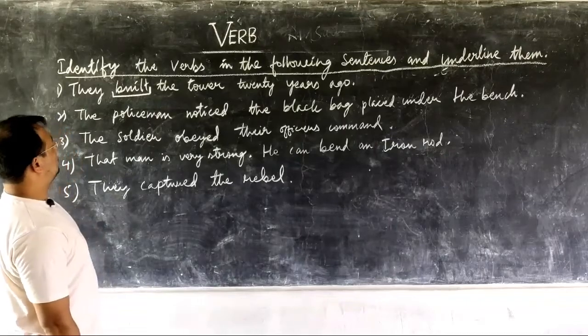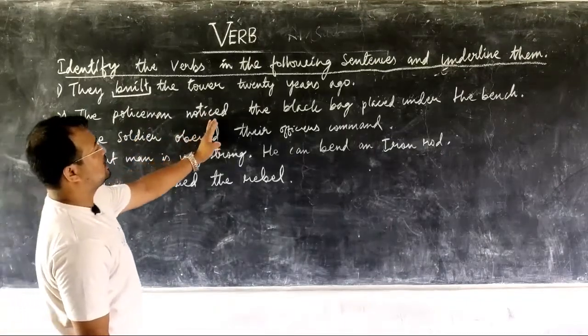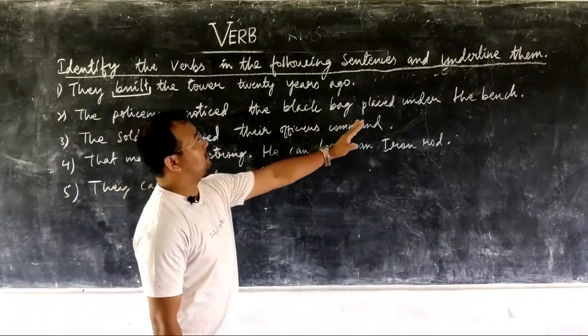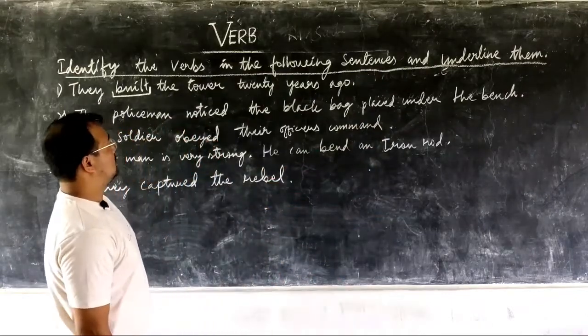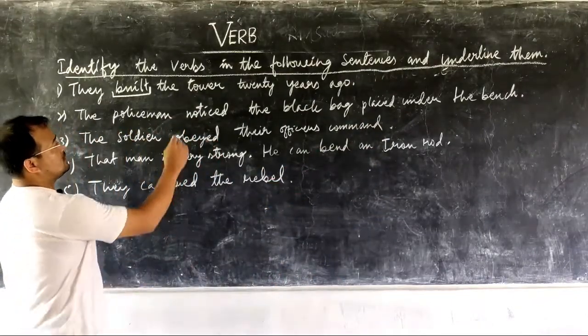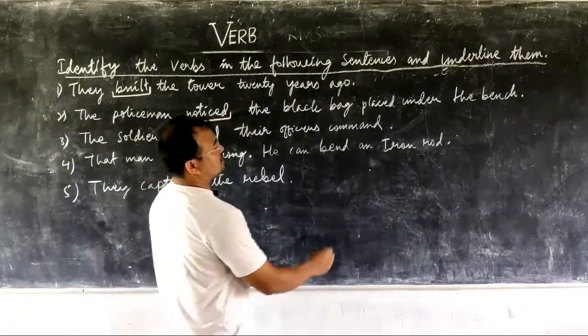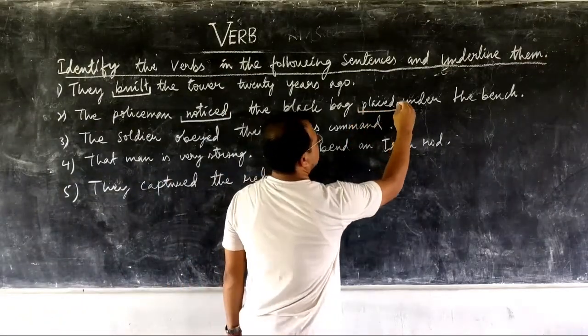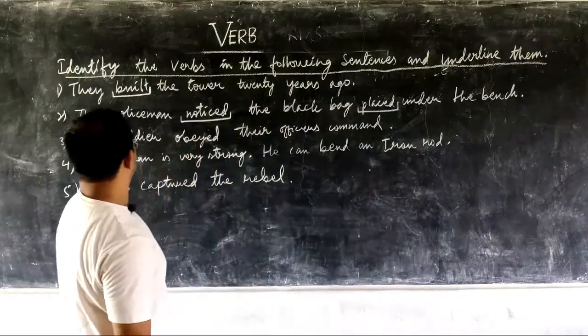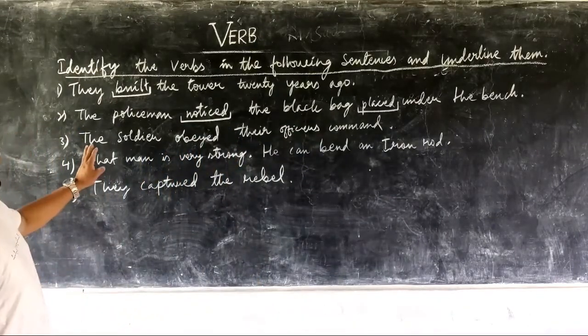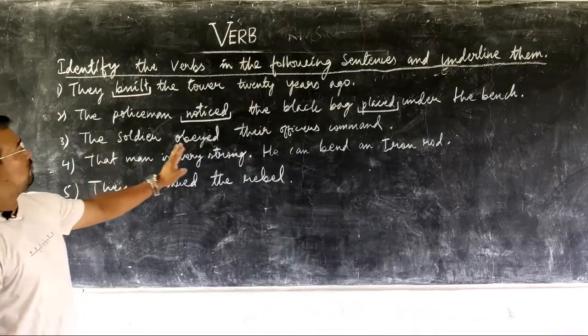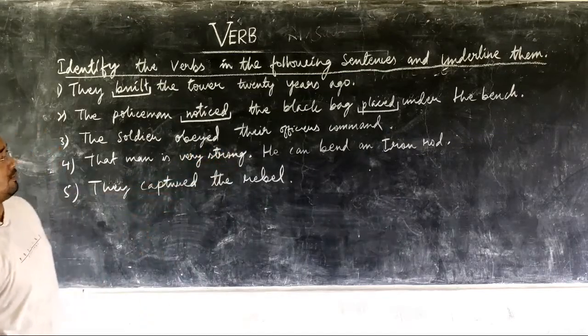Next one, the policeman noticed the black bag placed under the bench. Here the verb is noticed. One more verb you can see here, placed, is also a verb. Next one, the soldier obeyed their officer's command.